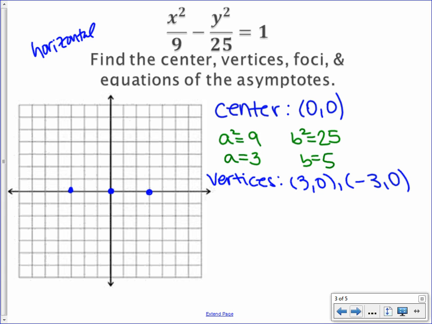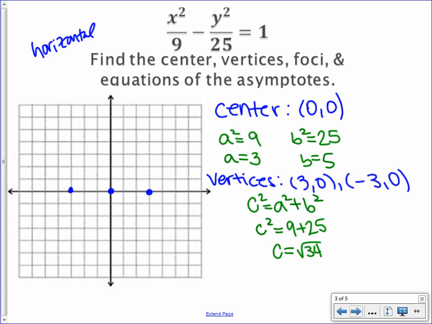Since we're working with A squared and B squared, let's go ahead and plot our foci. How do we find C? C squared is A squared plus B squared. So C squared is 9 plus 25. What does that make C? Radical 34.